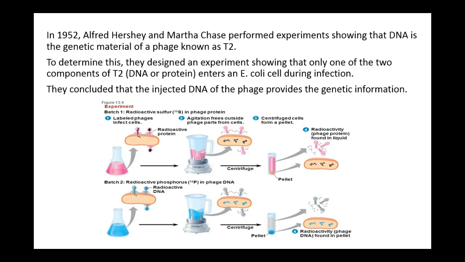Radioactive means it's going to be able to be seen. Radioactive phosphorus. So the protein is going to have sulfur, and the DNA is going to have phosphorus. So those were two chemicals they knew were different.